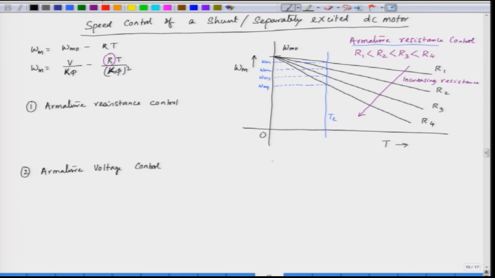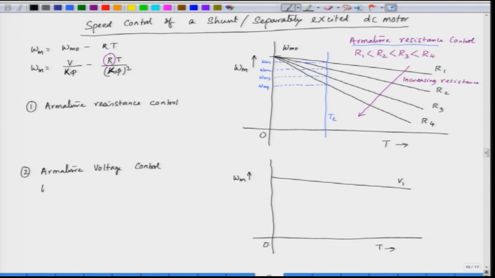Now, in armature voltage control, what we do is we change the armature voltage. This is the torque speed characteristic, omega m versus torque, and this is for one value of the voltage. Now, we change the voltage here.